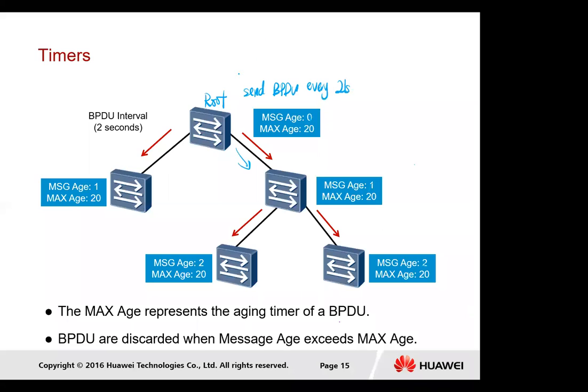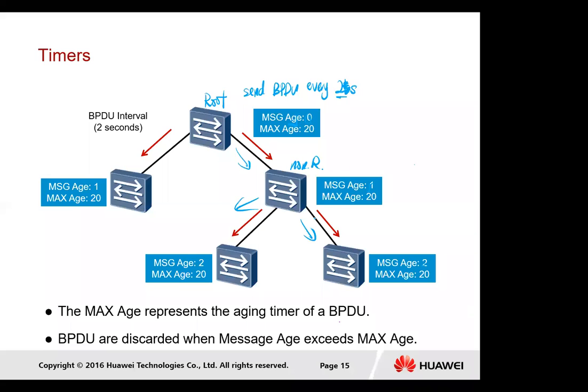It can go up to a max age of 20, so up to 20 switches far away. If you have a 21st switch behind that, it cannot receive the BPDU anymore. That is what we call max age. But every 2 seconds, the root will send one BPDU. When the non-root bridge receives the BPDU, it will forward.